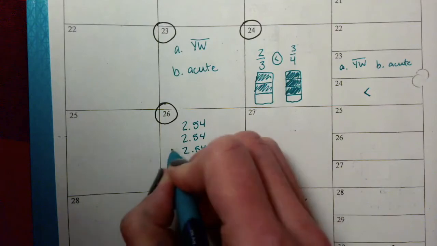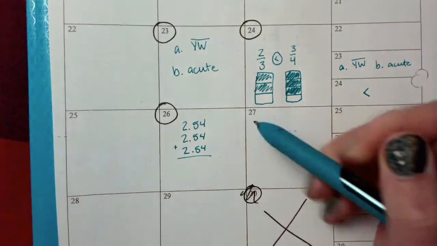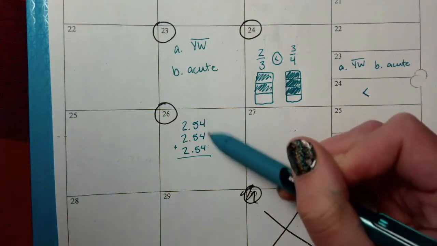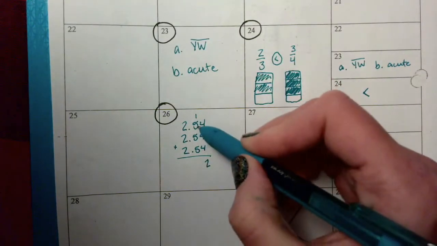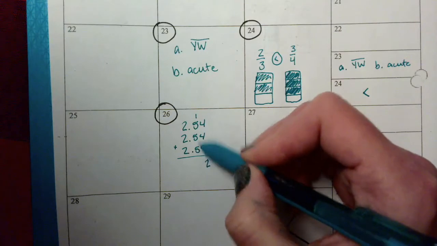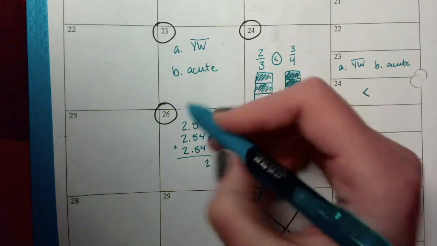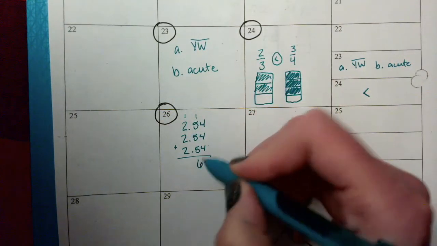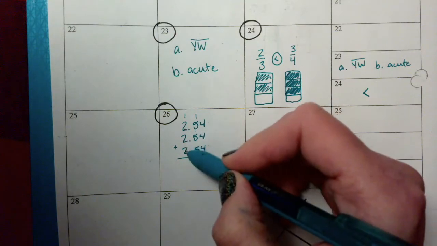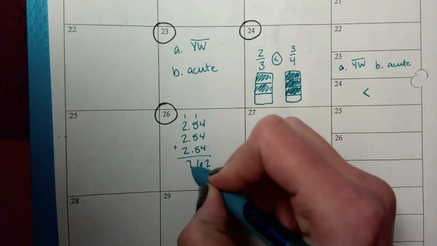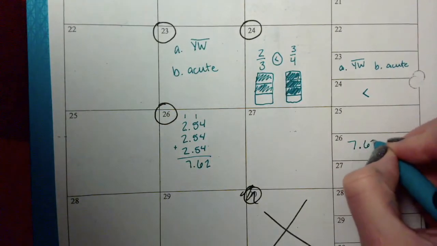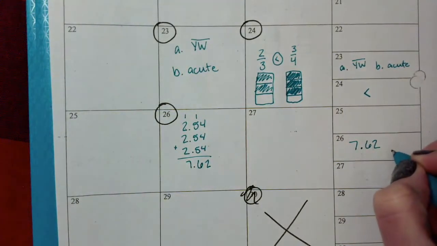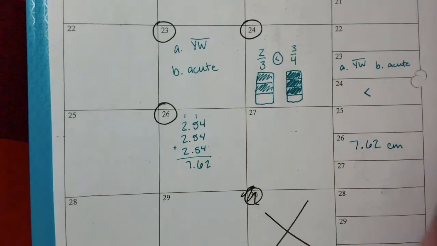To get that third inch, we just got to add one more. 4 plus 4 plus 4, or 4 times 3 is 12. 1 goes up, 2 goes down. 5 plus 5 plus 5, or 5 times 3 is 15. Plus 1 more is 16. 2 plus 2 plus 2, or 2 times 3 is 6. Plus 1 is 7. So you get 7 and 62 hundredths centimeters.